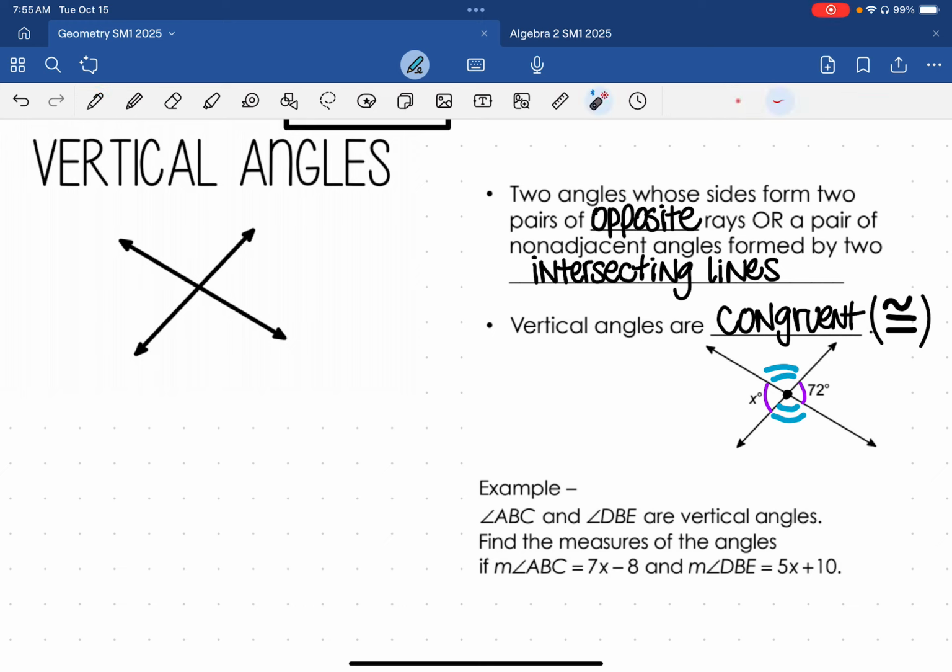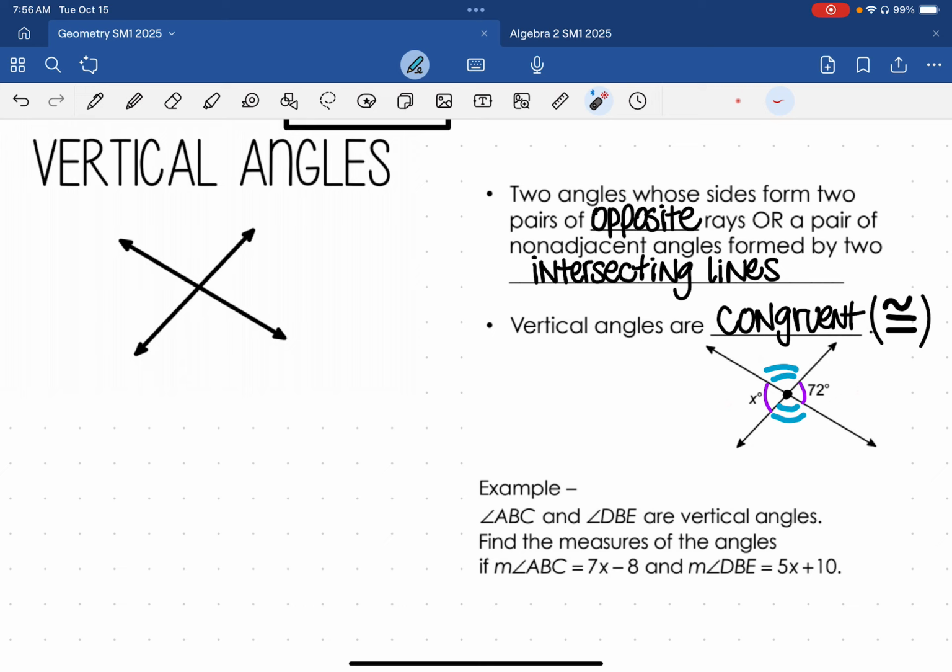Remember that when I use an arc mark and I use 1 and 1, it means that they're equal, and when I use 2 and 2, that means they are equal. If I wanted to show that these two angles were not in fact vertical, I would have to add a third line to show that it's a different degree. That is not the case, however. When they are opposite each other, they are congruent to each other.